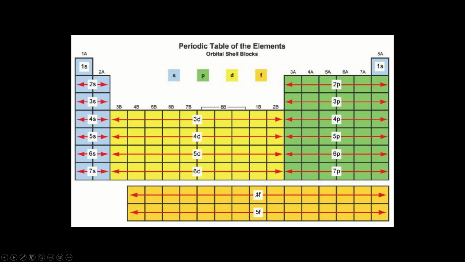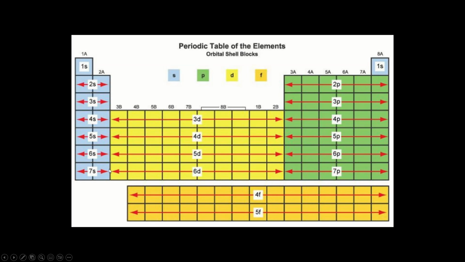And then for our lanthanide and actinide series, they start with lanthanum and actinium. There are 14 elements that are part of the lanthanides and actinides. They are secretly part of this intersection here, where the 4f block shows up between the 6s block and the 5d block, and the 5f block shows up between the 7s and the 6d block.